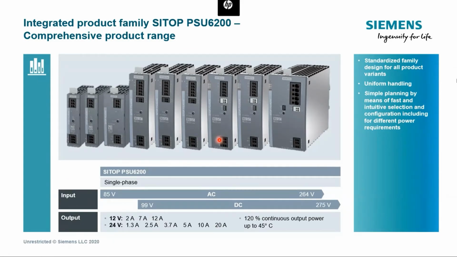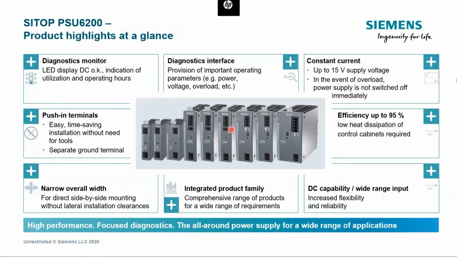Now, what are the main features of this new power supply family? You will see that there are a lot of nice, interesting things. First thing is the diagnostic monitor. Instead of one LED that indicates that the 24-volt DC output is okay, we now have additional LEDs that can show you visually the utilization of the power supply, so how much is the output current.